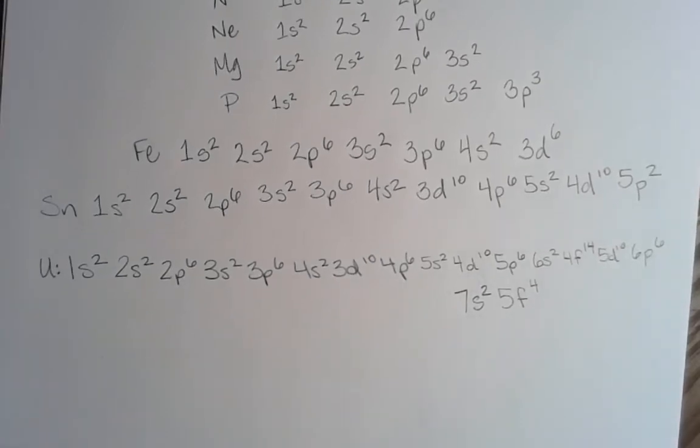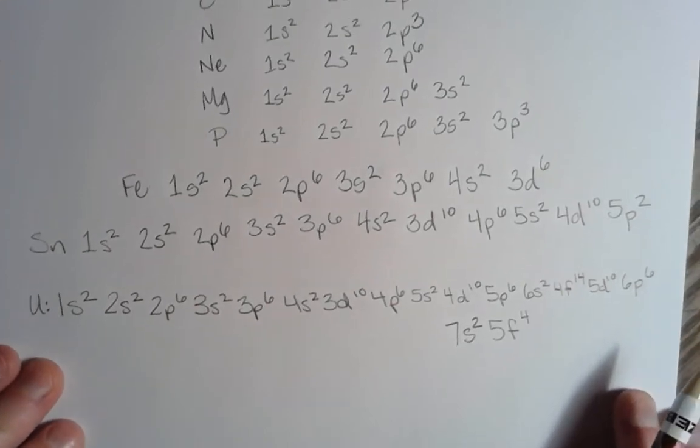If your head is spinning, sorry. I haven't even shown you core notation. Okay, let's end it here with this. This is the more important part. Core notation takes the core and abbreviates it. A core is anything that is full through its p orbital.